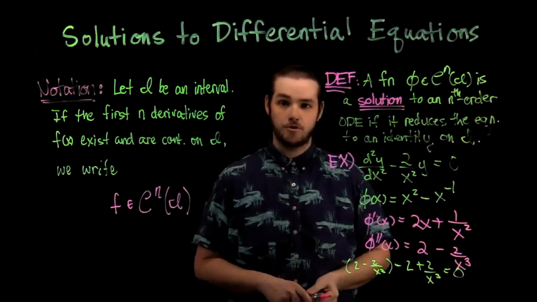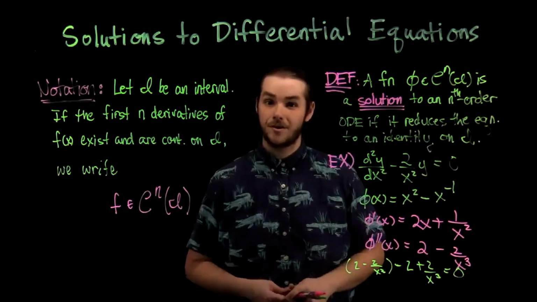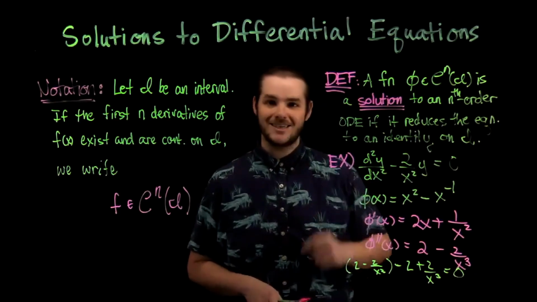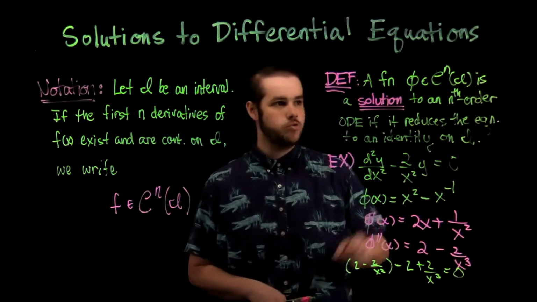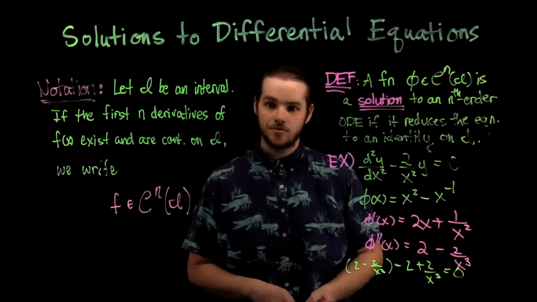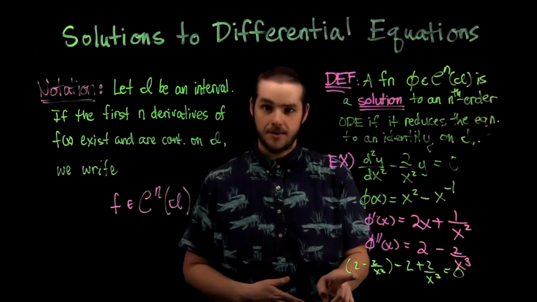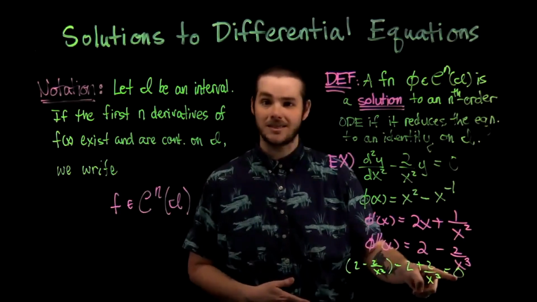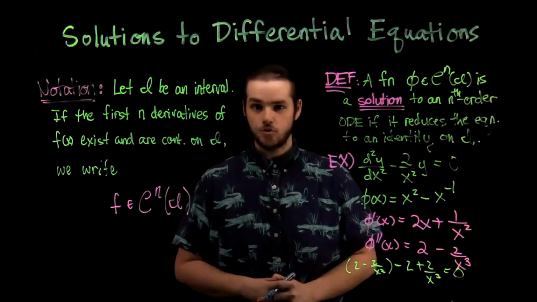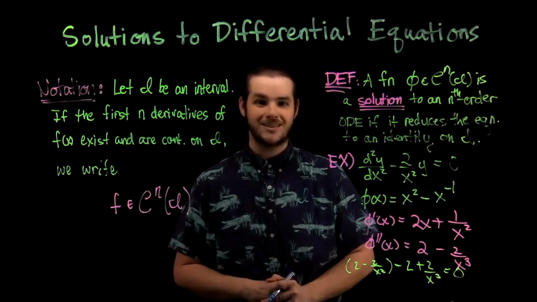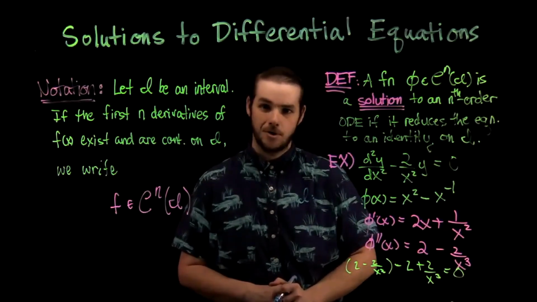N for this problem, of course, would be 2. As we learned in the last section, this is a second order equation, and we require our function phi to be at least that many times continuously differentiable. When I plugged in this function, do you notice I got something that is identically true, that this interval can be anything that doesn't include 0.